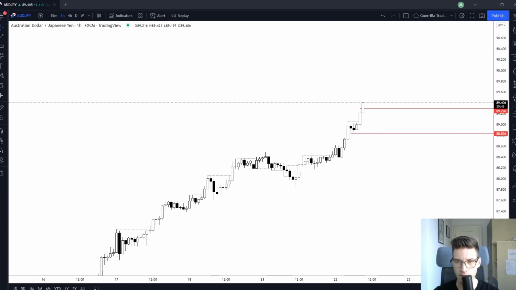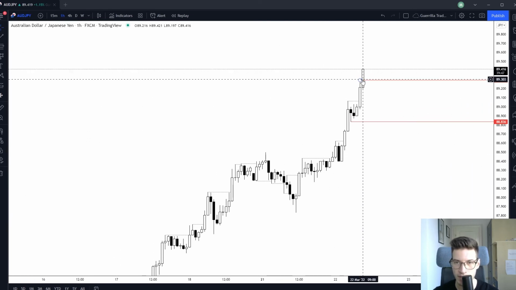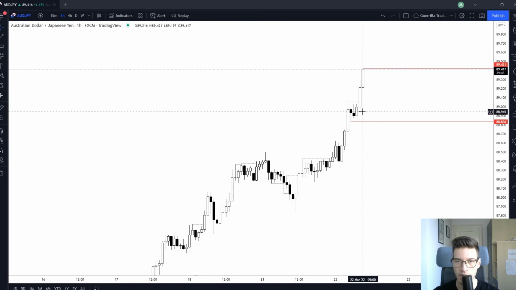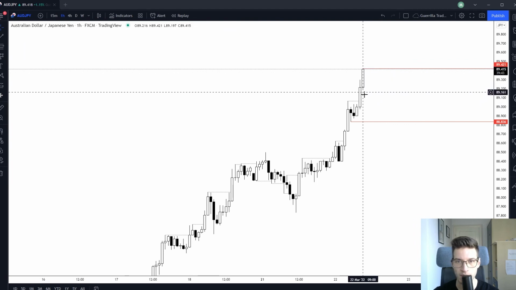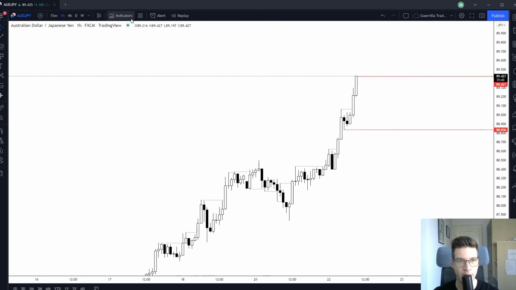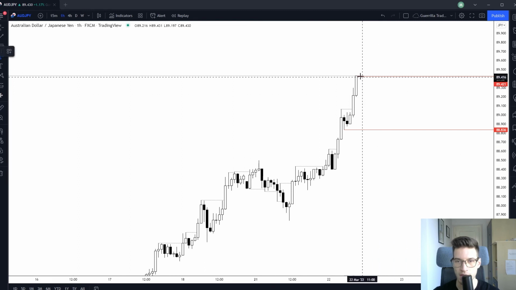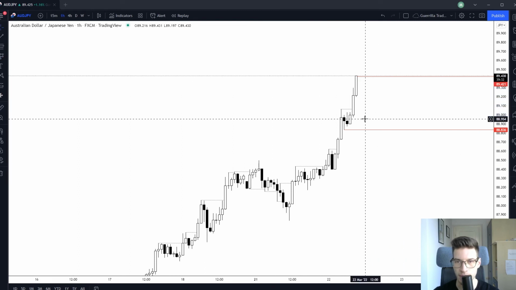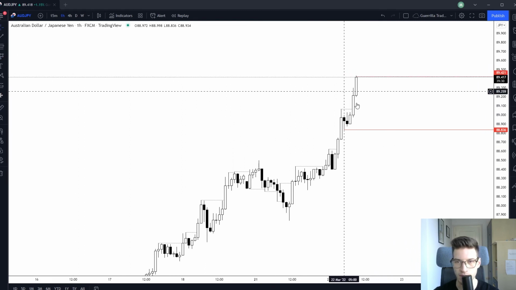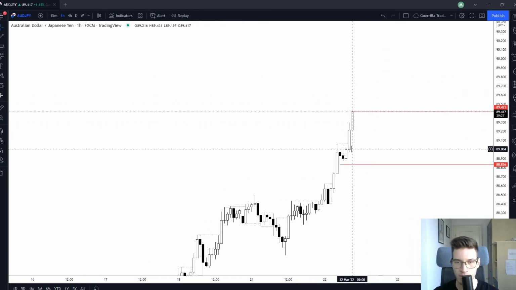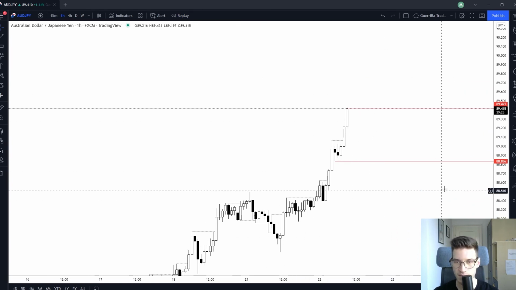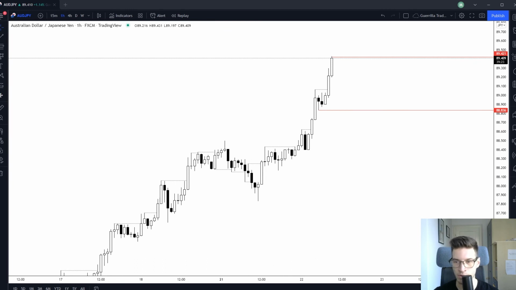And now we have the Aussie and the Japanese yen. So I did have an order on after this candle formed, but now we continued up, so I'm no longer having an order on, because if this just retraces back, then this would create a large wick. So I currently have my order removed, but this is looking the best out of all the four pairs.